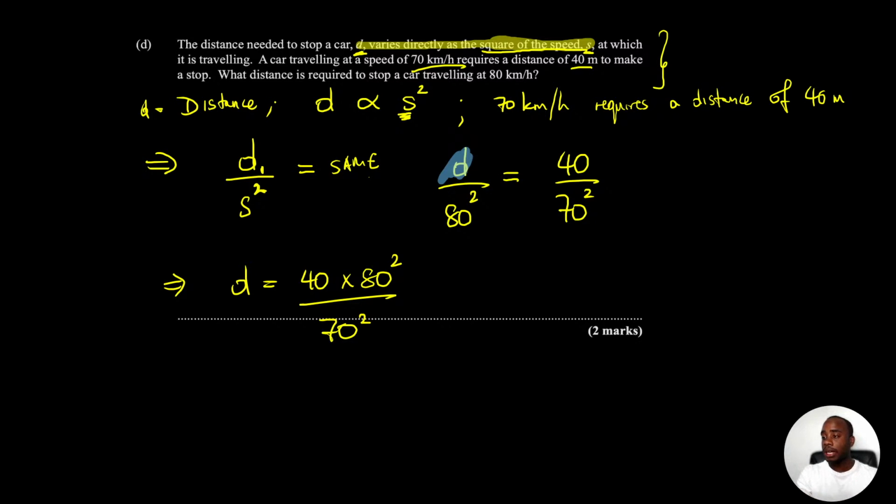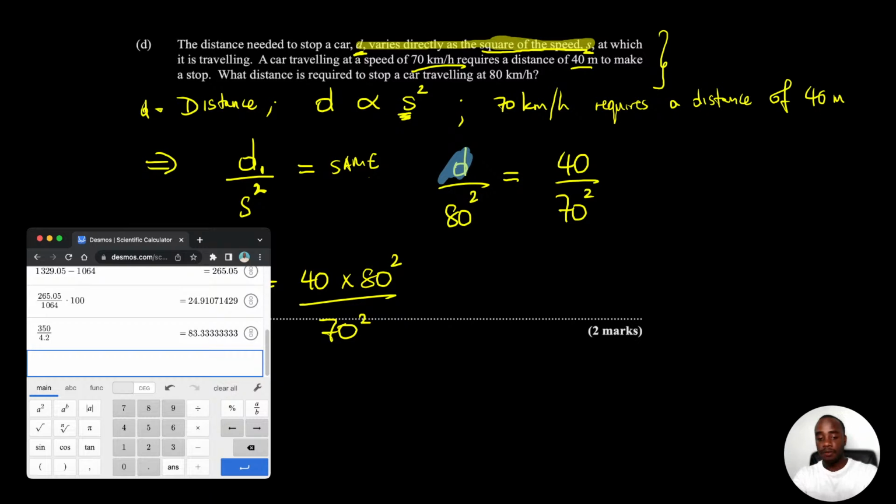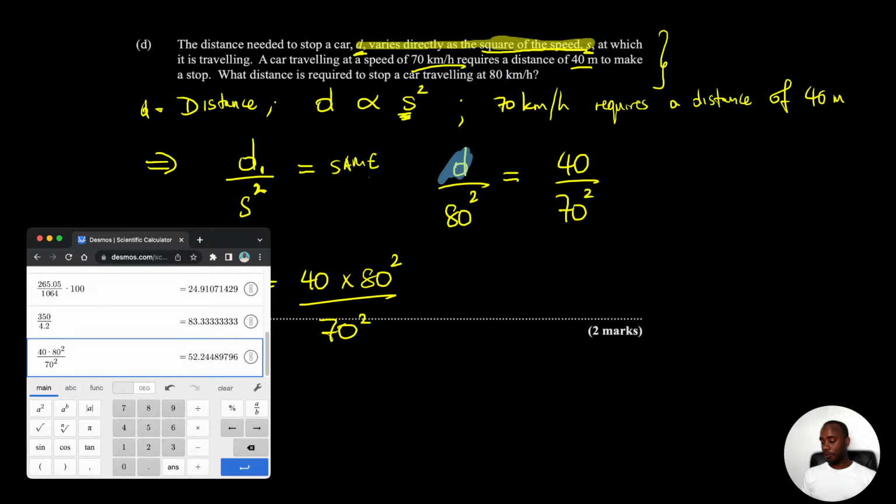So when I do that, let me get the calculator now. We have 40 times 80 squared, all divided by 70 squared. And that's going to be 52.244 something.